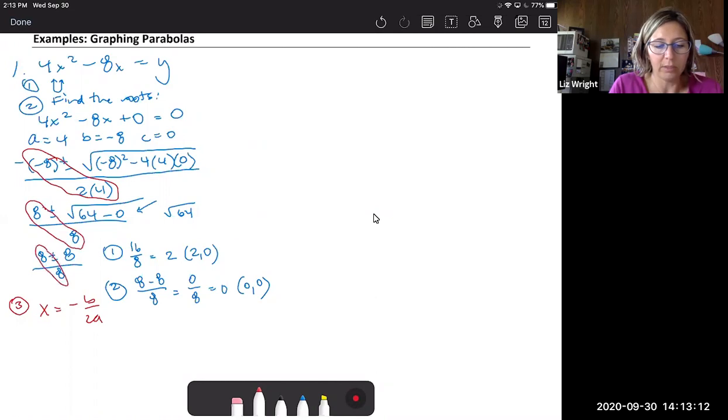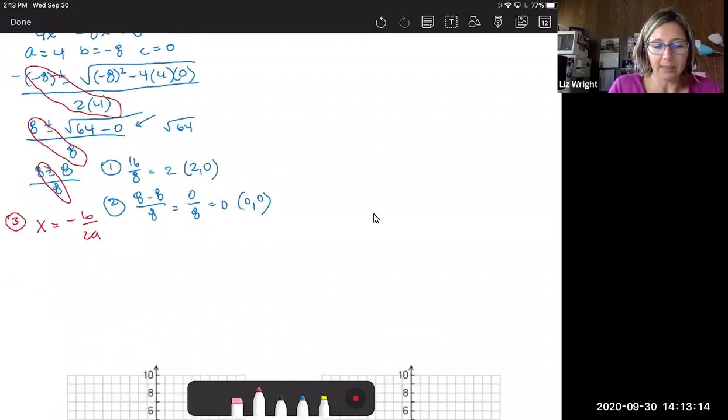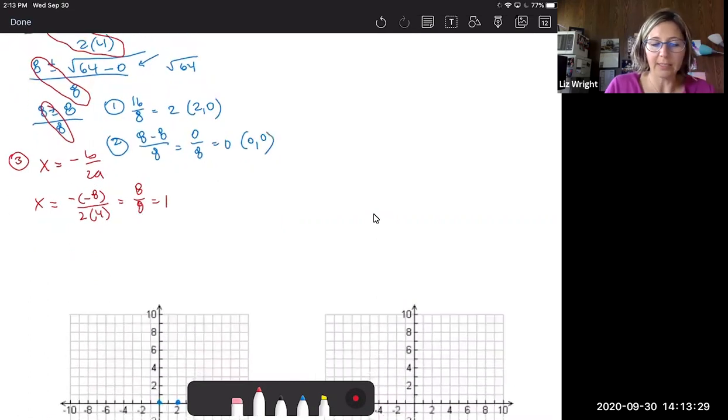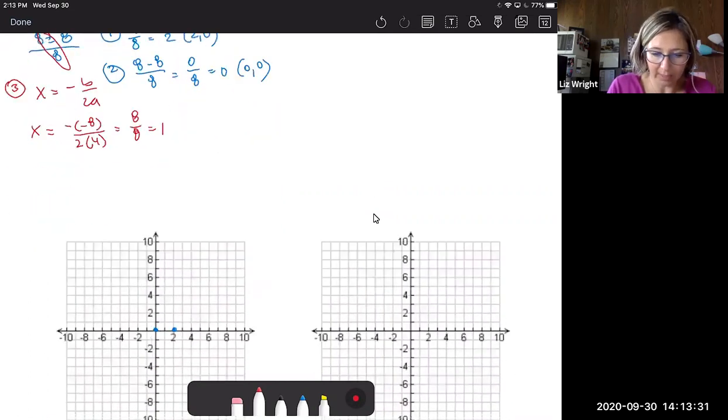It's this portion. So what that means is that it's going to be x equals, and if you wanted to, you could go ahead and do negative 8 over 2 times 4, which is going to be 8 over 8, which equals 1. All right, so that's our axis of symmetry. So we're going to go put that on our grid.